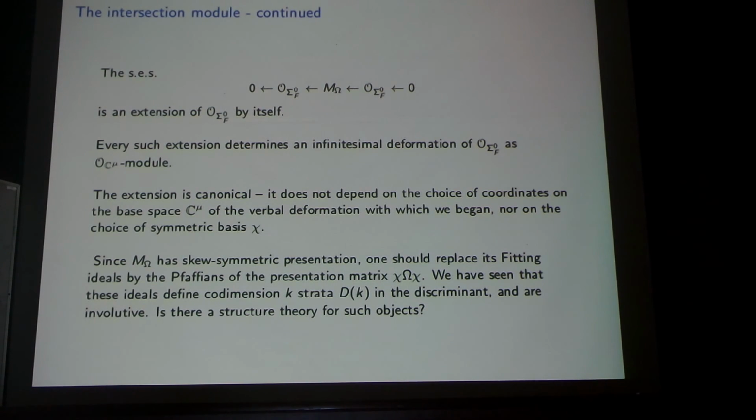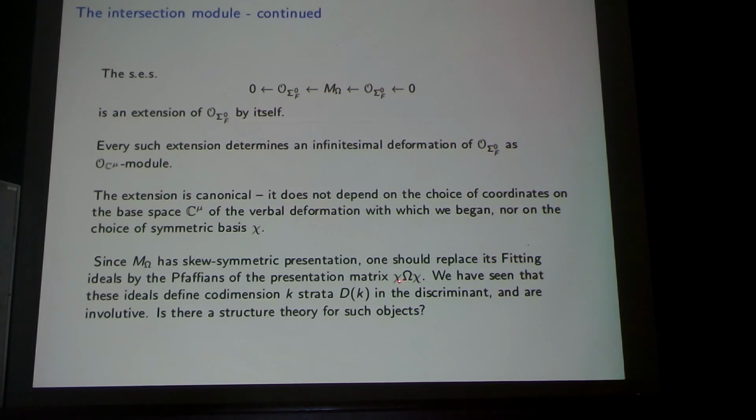Associated with this object, m sub omega, we have its skew-symmetric presentation matrix and the Pfaffians of this matrix, which are the natural things to consider in the presence of skew-symmetry in place of fitting ideals. They define all these interesting strata and have this nice coisotropicity property, which, as I say, we don't really understand.